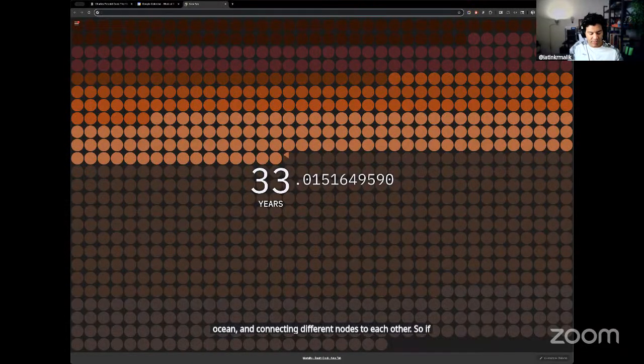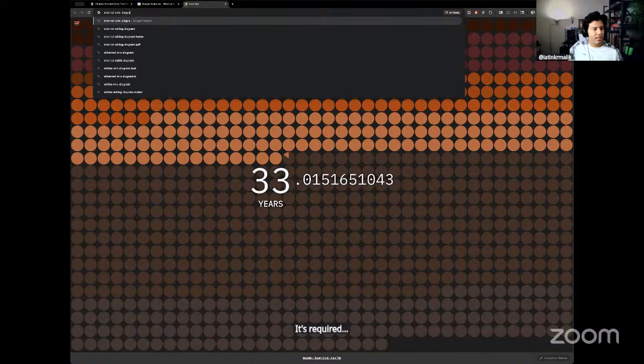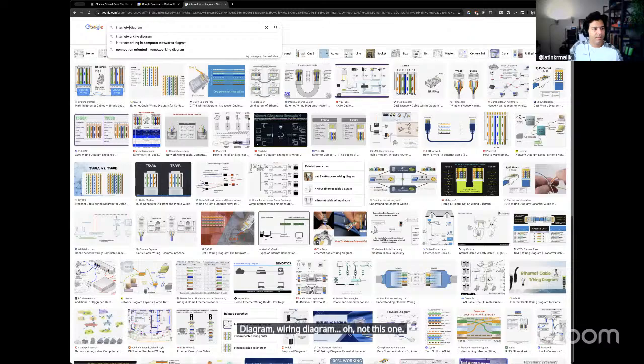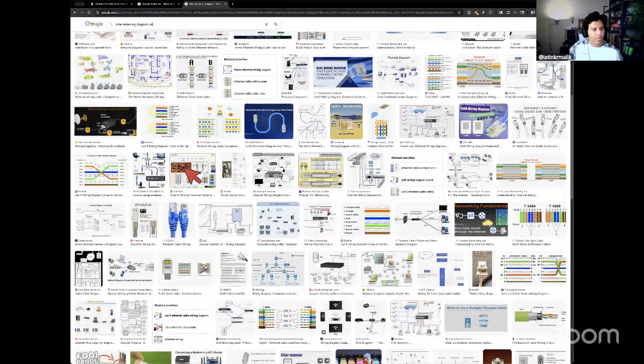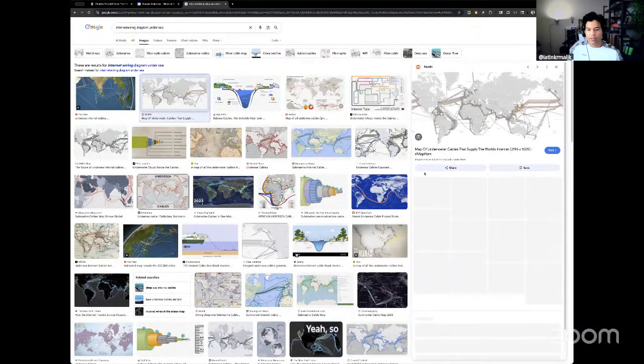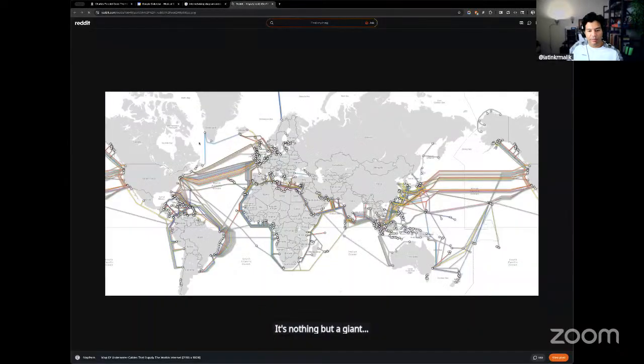So if you want to see the internet wiring diagram, yeah, the internet looks mostly like this. It's nothing but a giant network of wires interconnected to each other so that the network can go through. And for smaller distances, you can use radio towers and some of the other things.